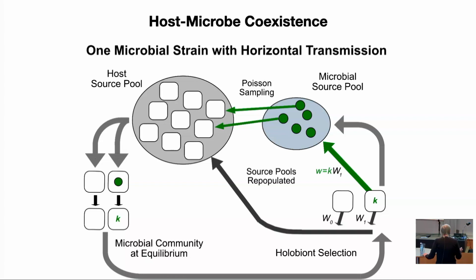So then we come along and we get to this point. At this point, new larvae are being made, and W sub 0 right here is the fitness of a holobiont that has no algae in it, and W sub 1 is the fitness of a holobiont that has species 1 of algae, because we're only doing one species so far.